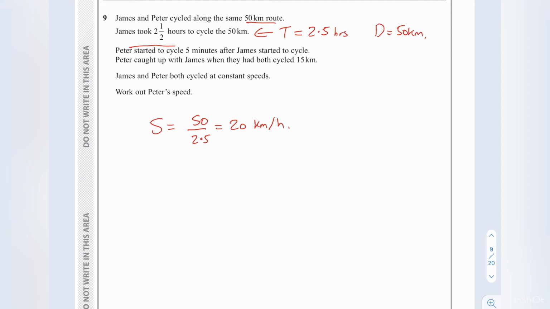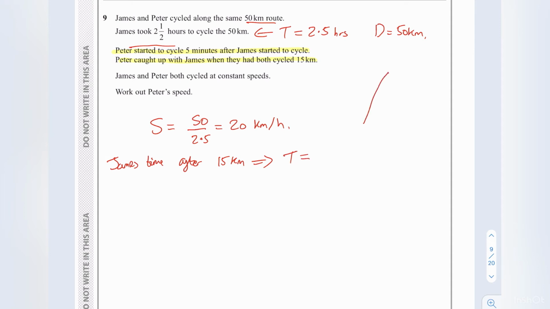It then tells you that Peter started to cycle 5 minutes after James did, and he caught up with him after they'd cycled 15 kilometres. So now we need to work out what James's time was after 15 kilometres. We know that his speed was 20 and his distance was 15.